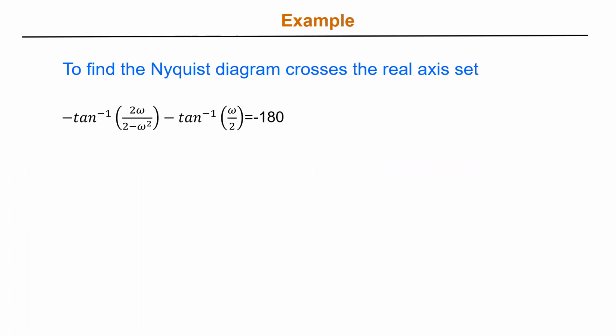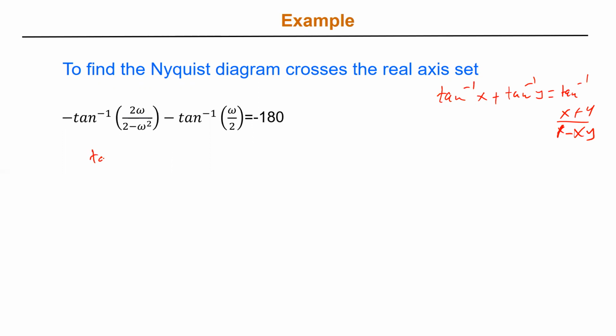If you remember, there is a formula: tan inverse of x plus tan inverse of y equals tan inverse of (x plus y) over (1 minus xy). So let's apply it in here.